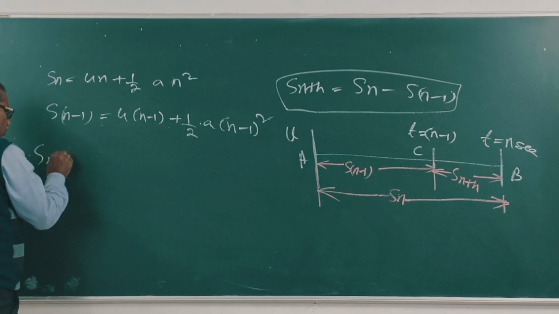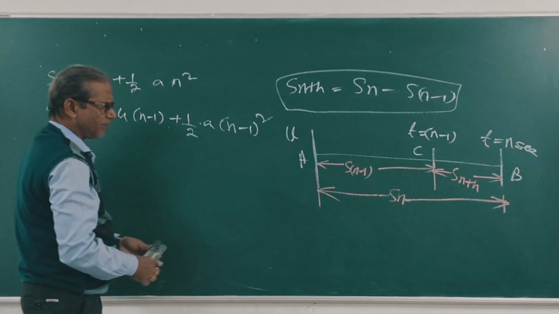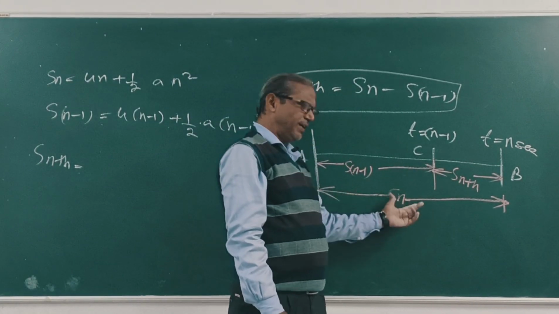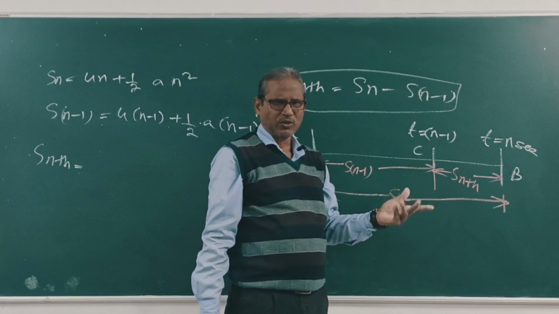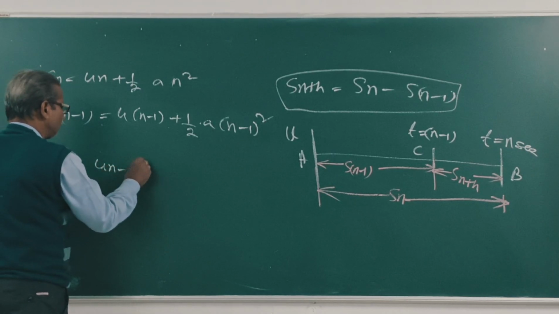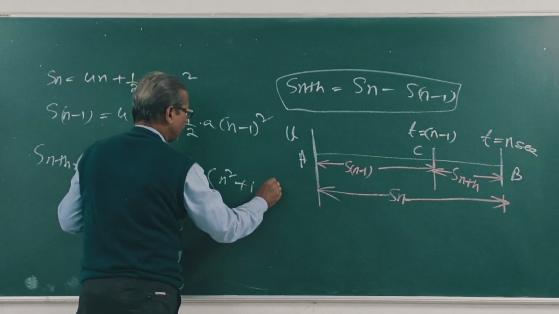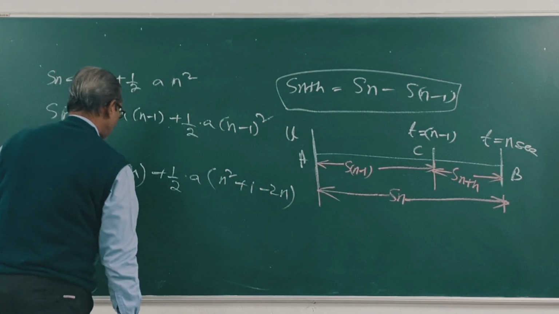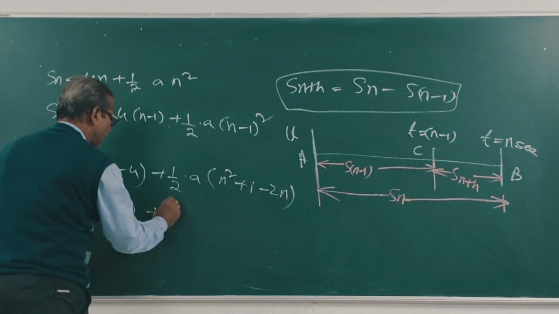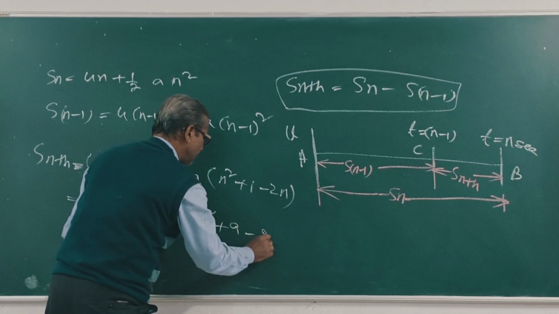So what is s_nth? s_nth means BC, AB minus AC. What is AB? s_n. What is AC? s_(n−1). Clear? So this is un − u(n − 1) + ½a(n² − (n − 1)²), which is un − un + u + ½a(n² − n² + 1 + 2n). Right? This is equal to u + ½a(2n − 1).